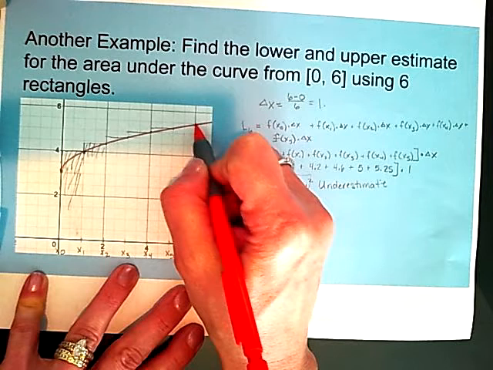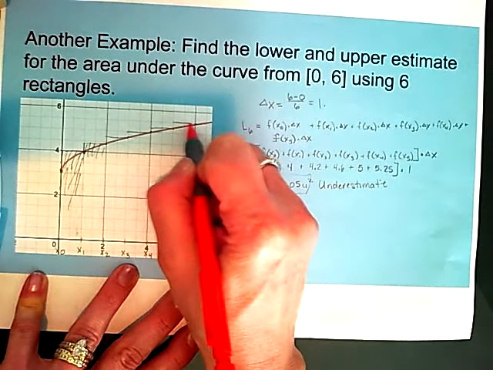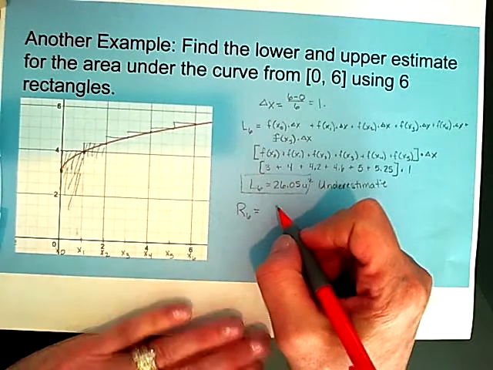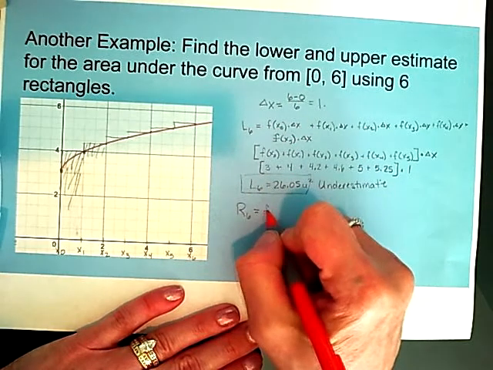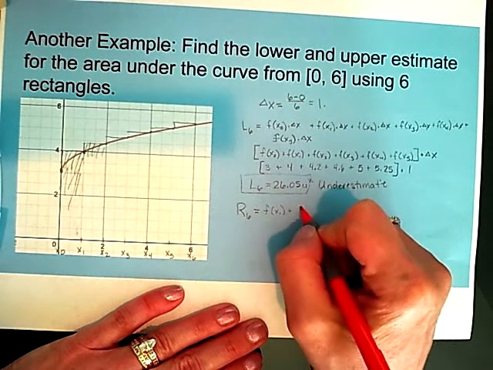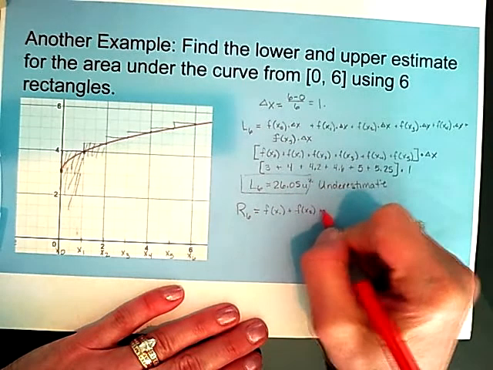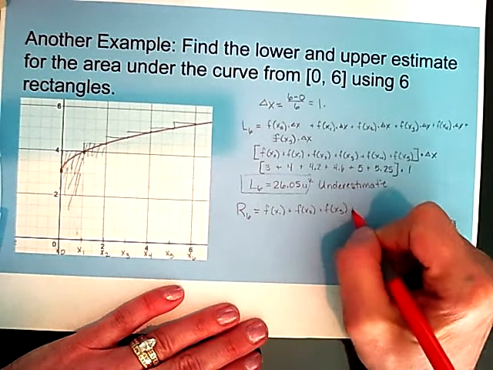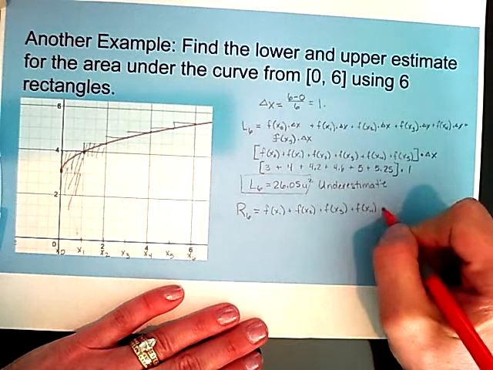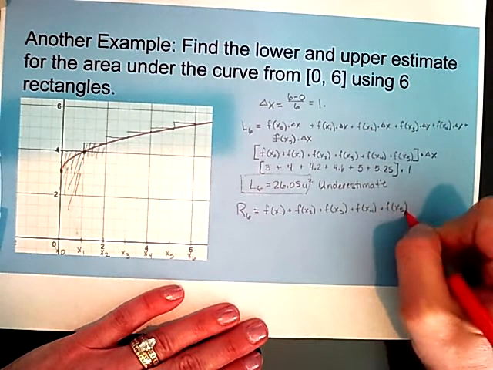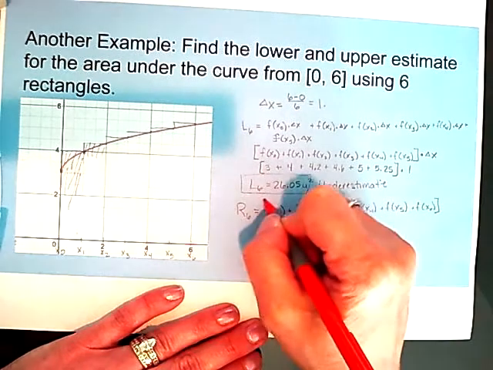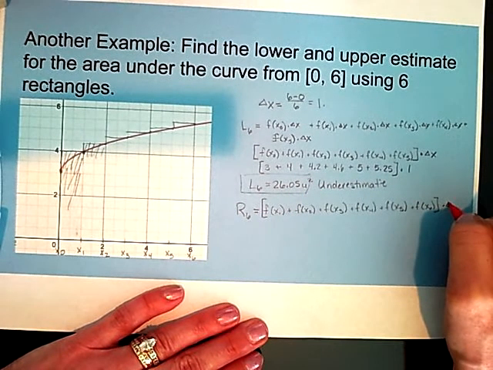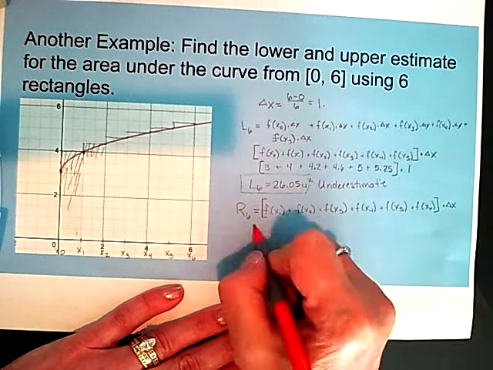Get all the way, and I'm going to include x sub 6 this time. So when I'm calculating this, I'm not going to start at x sub 0. I'm going to start at x sub 1 plus x sub 2, x sub 3, x sub 4, x sub 5, and x sub 6, all times my delta x.